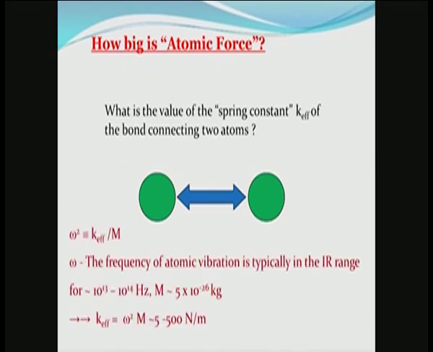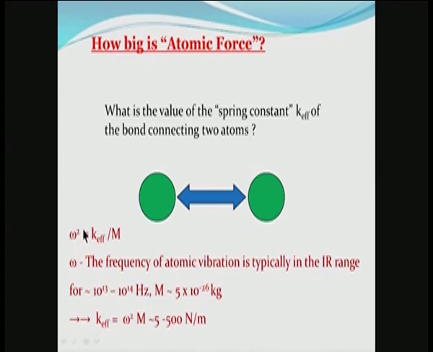Now, it turns out that the frequency of atomic vibration as measured by spectroscopy is in the infrared range, that is of the order of 10 to the power 13 to 10 to the power 14 hertz, and the mass of atoms can be taken to be about 5 times 10 to the minus 26 kilograms.